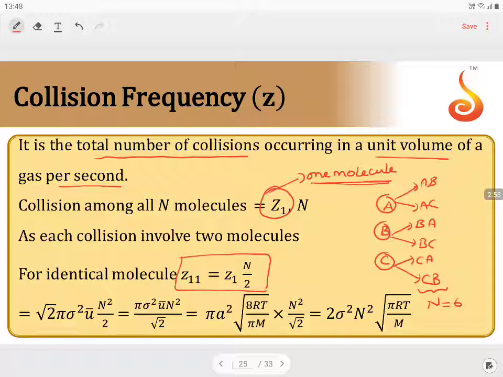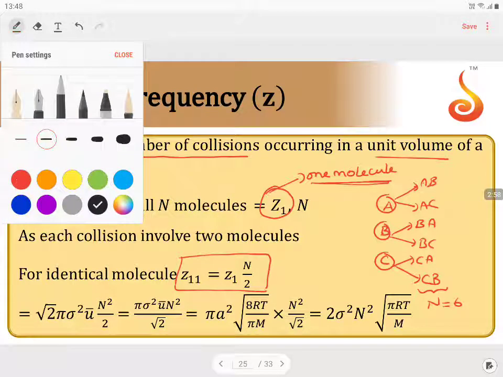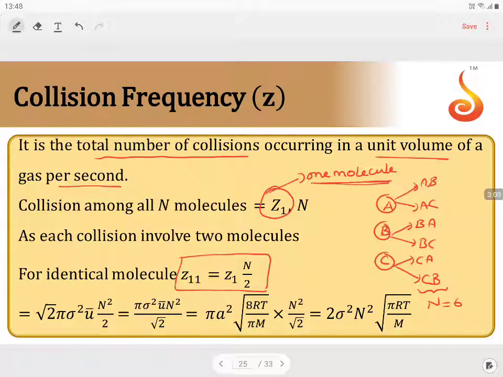But if you observe the repetitions and cancel them: AB and BA are repetitions, AC and CA are a repetition, and BC and CB are repetitions.